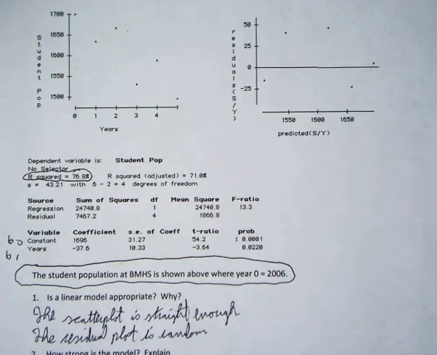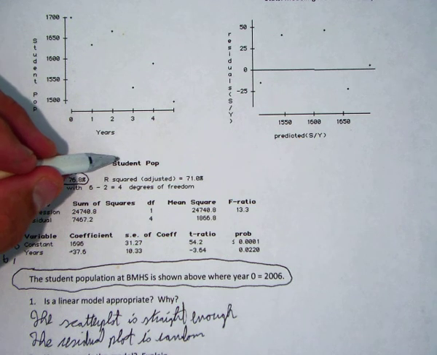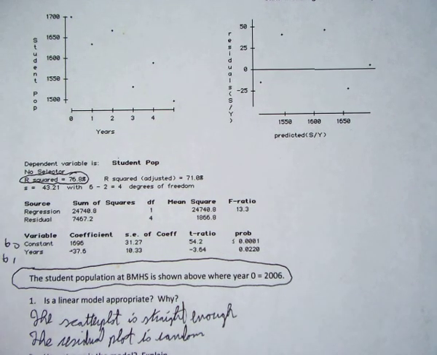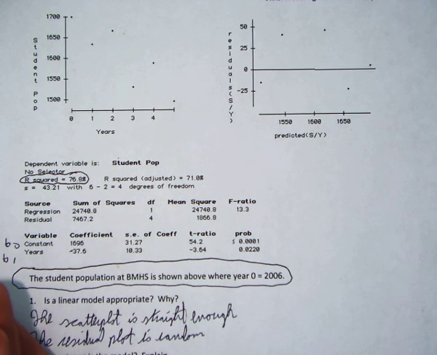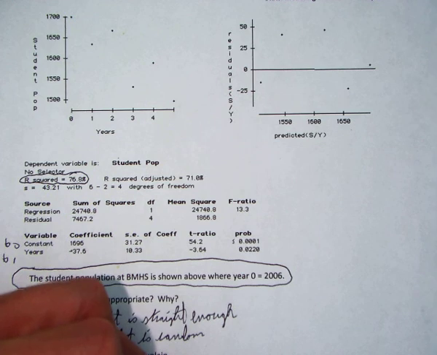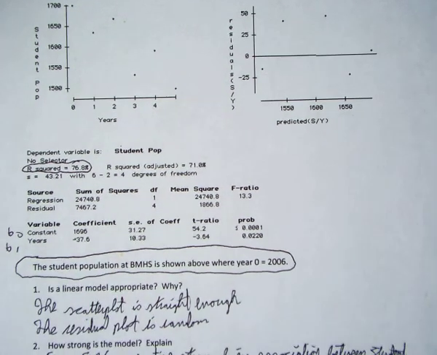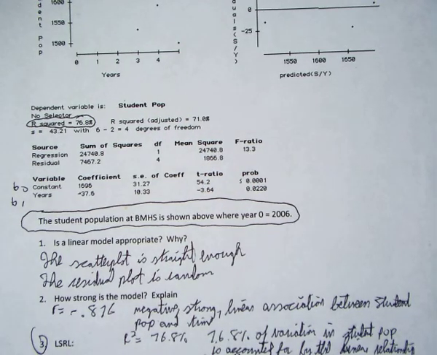Your b sub 1, your slope, is right there. We know that the dependent variable is student population, so predicted student population equals the y-intercept minus 37.6 times years since 2006. We have to put that in there because of this statement right here.